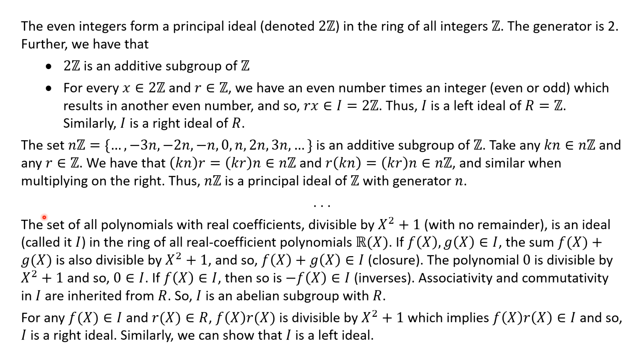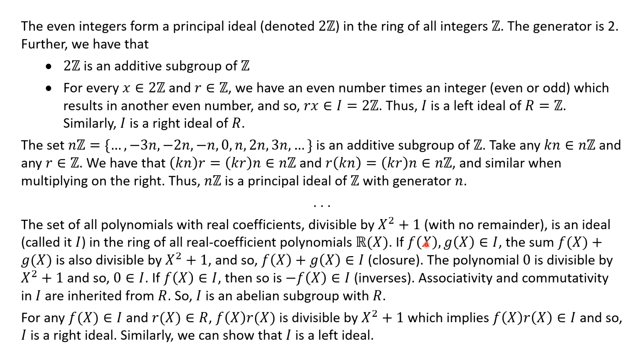Okay, then going on to the second example: the set of all polynomials with real coefficients divisible by x squared plus 1, exactly divisible, in other words, with no remainder, is an ideal, call it I, in the ring of all real coefficient polynomials, R[x]. We can show that here. First, we need to show it's a subgroup.